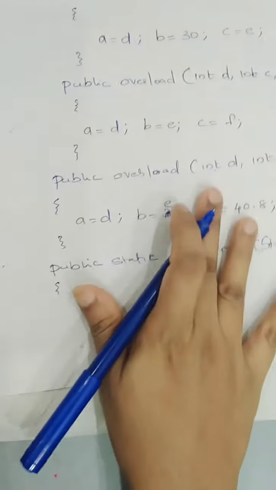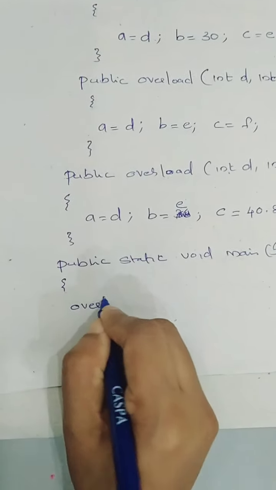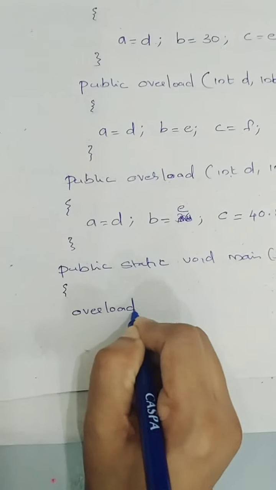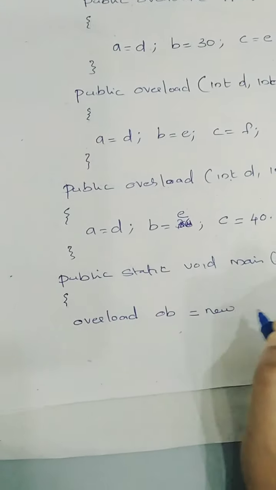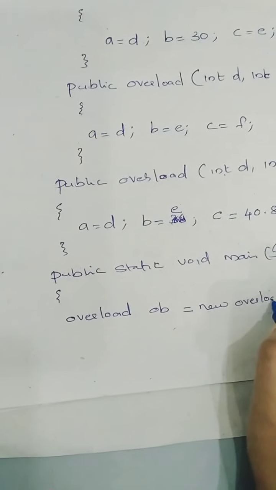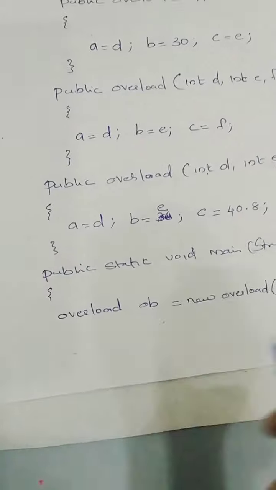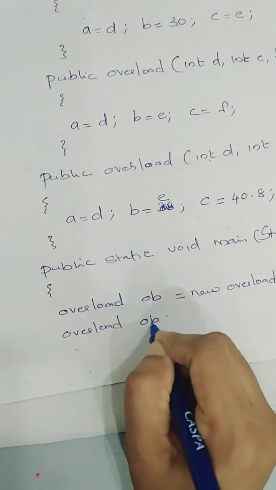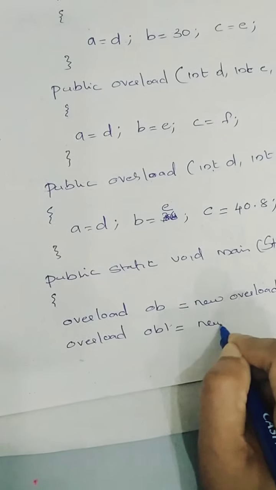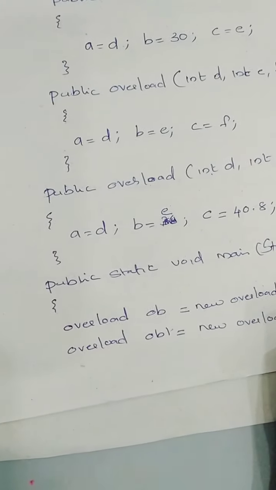Inside that, what I'm doing is I'm creating objects of Overload. You can create objects in any manner. Overload ob is equal to new Overload(6, 8). Overload ob1 is equal to new Overload().